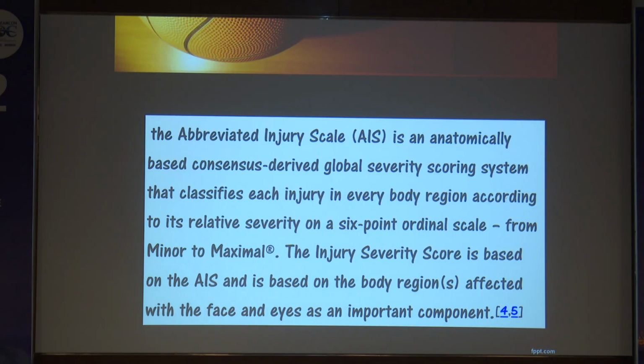There is another thing called the Abbreviated Injury Scale, which is a 6-point ordinal scale from minor to maximal. The injury severity score is based on AIS, and it's based on the body region or regions affected, with the face and eyes as important components.